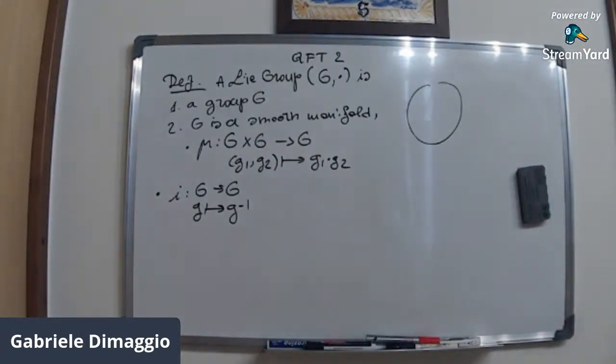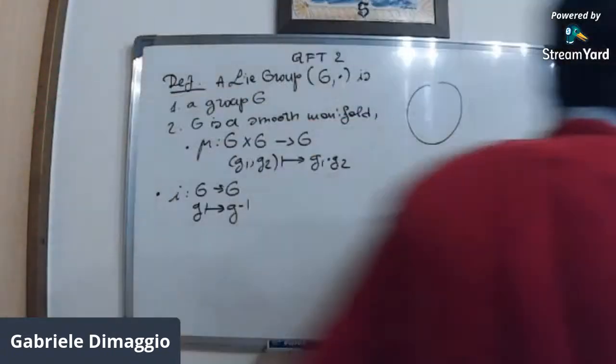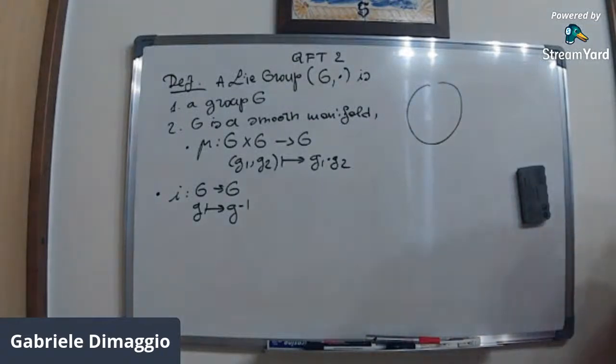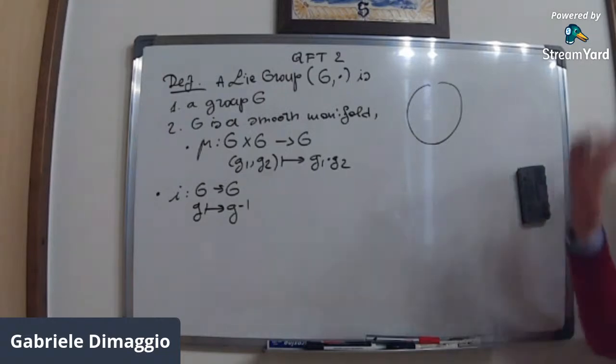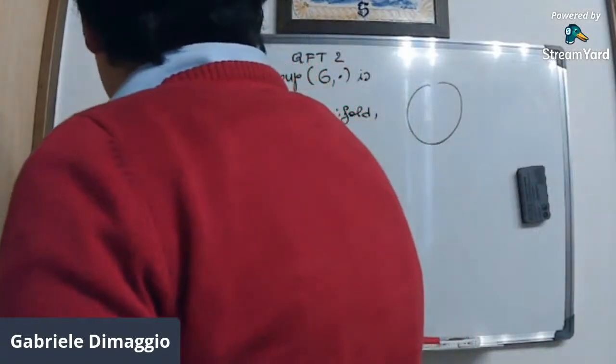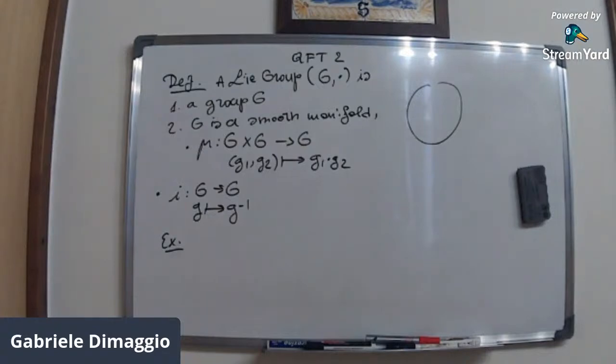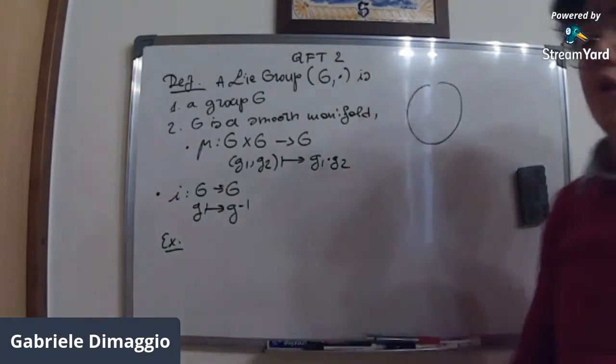Okay, now examples. Maybe in the chat there is someone who knows some example of a Lie group.